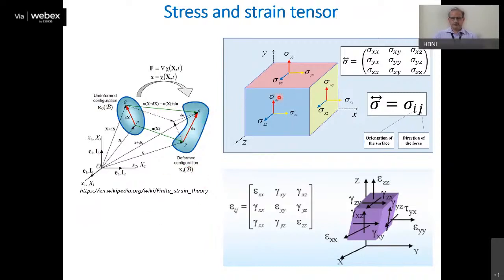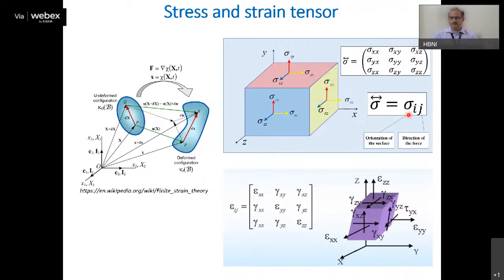In general, you can define the stress tensor as comprising 9 components, where because of symmetry considerations, only 6 are independent components. The off-diagonal elements correspond to shear stresses, and the diagonal elements correspond to the normal stresses.